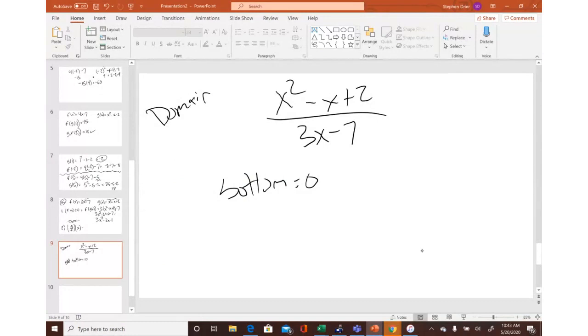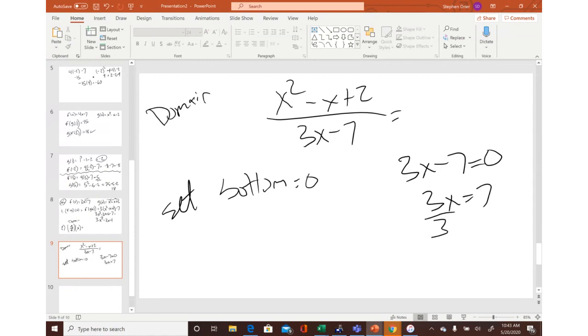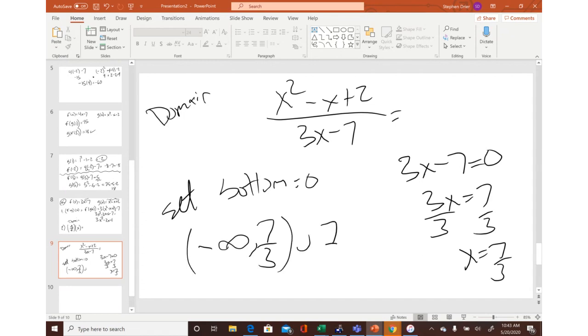So 3x minus 7 equals 0. 3x equals 7. Divide by 3. X is 7/3. And then the domain is negative infinity to 7/3, union 7/3 to infinity.